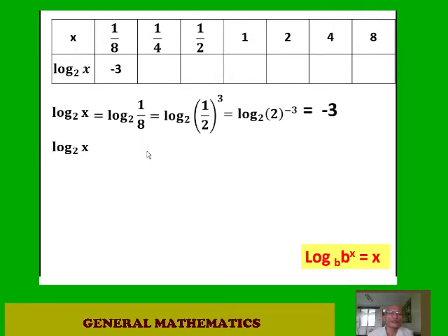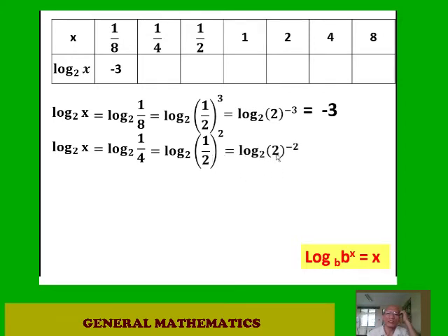Next, if we substitute x with 1/4, log of 1/4 base 2, so 1/4 is 1 half squared, 1 half becomes 2, but the exponent becomes negative. Then we have here the base 2 and 2 also.